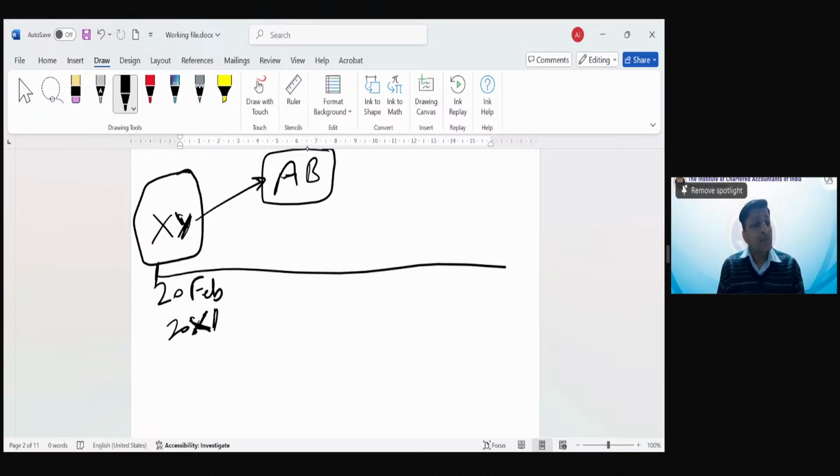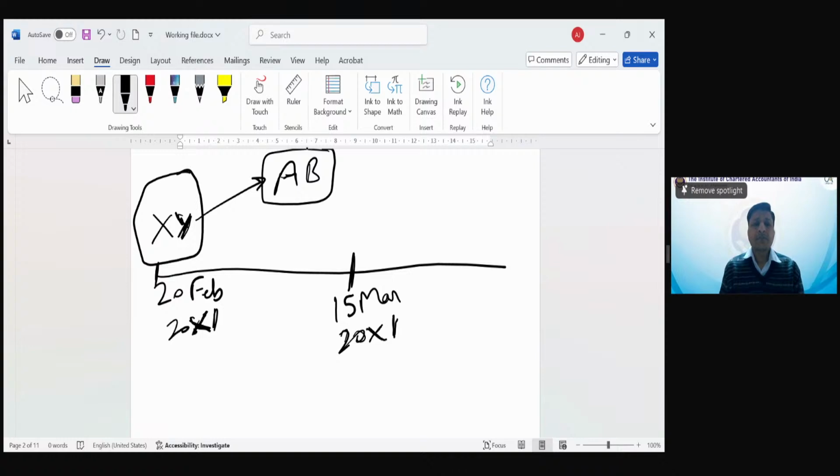And AB has requested XY to deliver these goods on 15th of March. However, all the risks and rewards associated with those goods are deemed transferred to AB Limited.